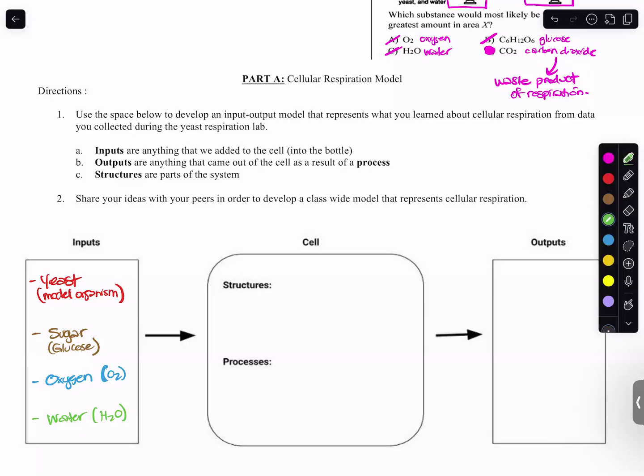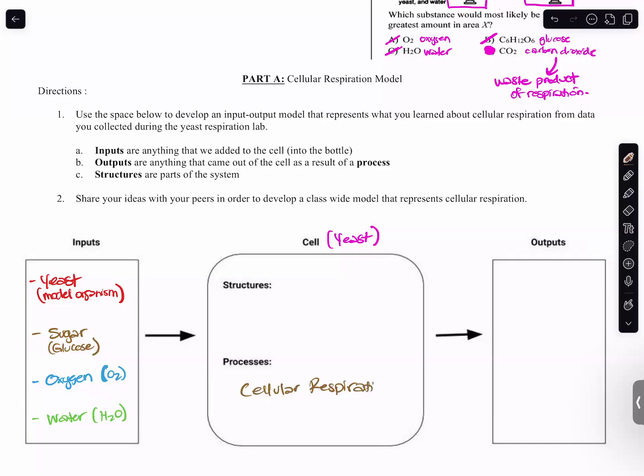Now the cell that we were talking about is yeast once again. And now it's asking about structures and processes. So what was the phenomenon? What was the process that we were exploring during the investigation? Well, if you guessed cellular respiration, you would be correct.